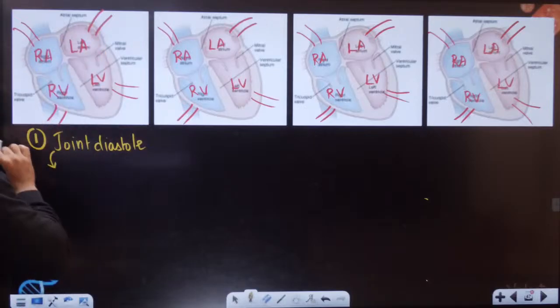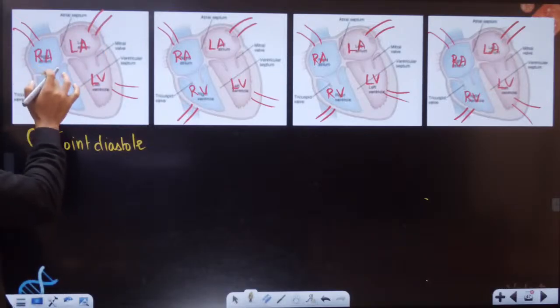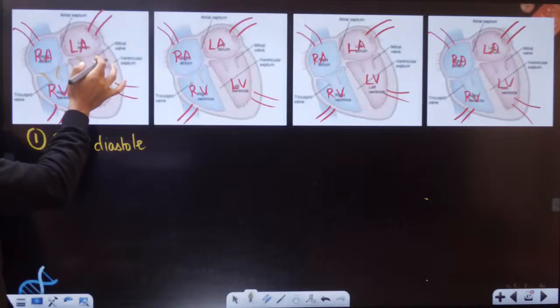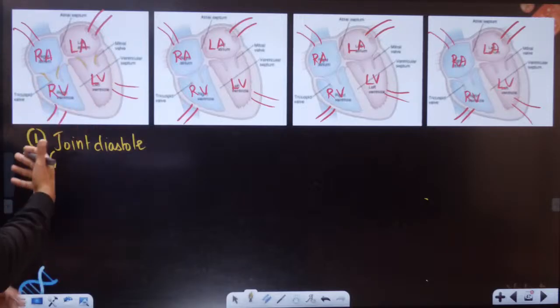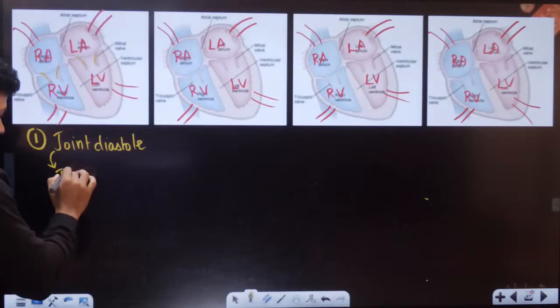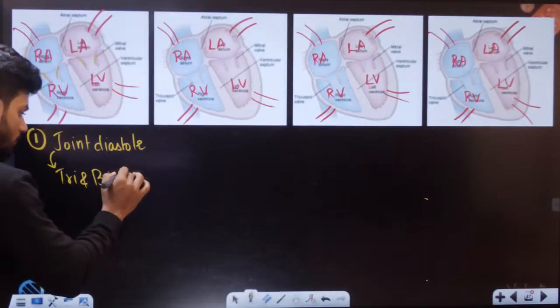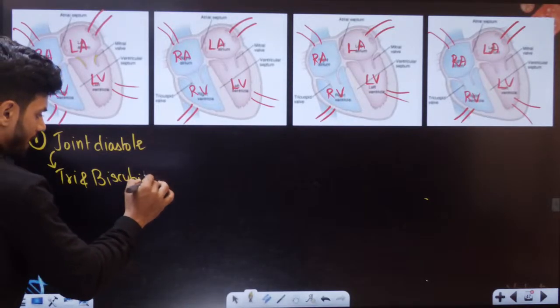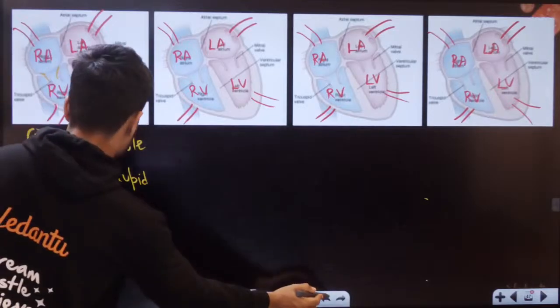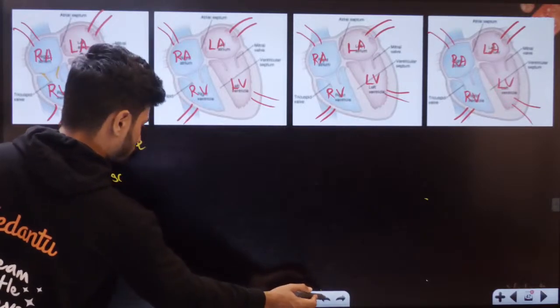If it is in joint diastole, everything is relaxing. Will this tricuspid valve and bicuspid valve be open? Yes, both are open right now. The tri and bicuspid valves. So I need more space here.